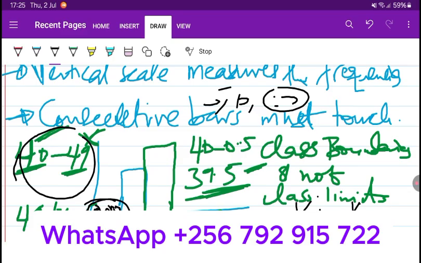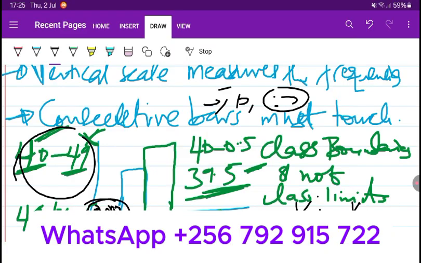Instead of taking the upper, we always pick the lower class boundaries of each class. So those are the ones that we use to label the bars.